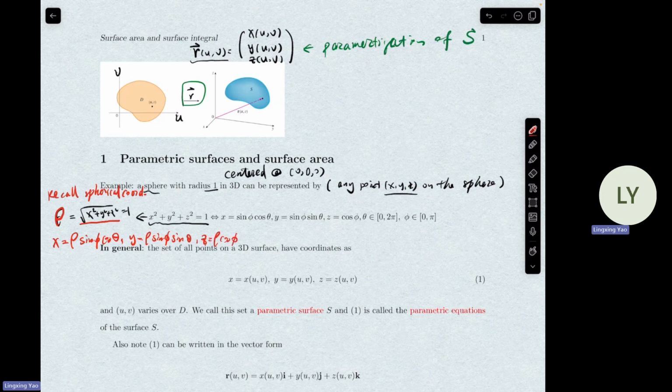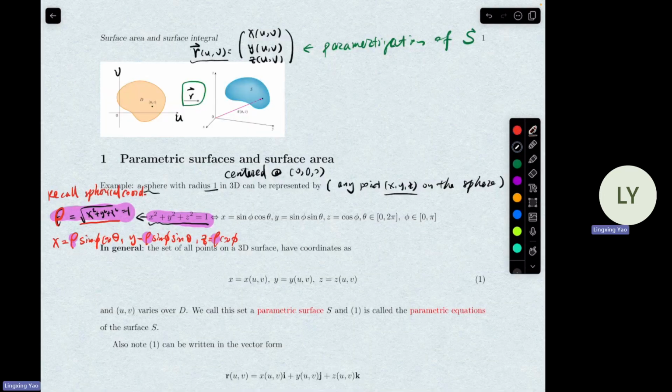If you remember the conversion between Cartesian and spherical coordinates. Now, for this particular sphere, we already know rho equals 1, so rho has a fixed value.